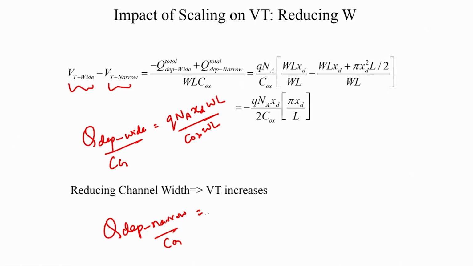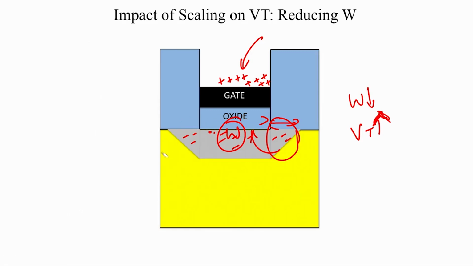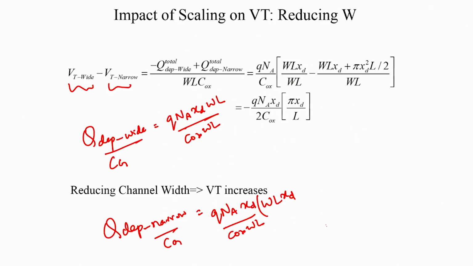So in this case it is going to be Q Na XD by Cox WL into W L XD, which is the regular region that you need to deplete, but we are now depleting some extra regions.